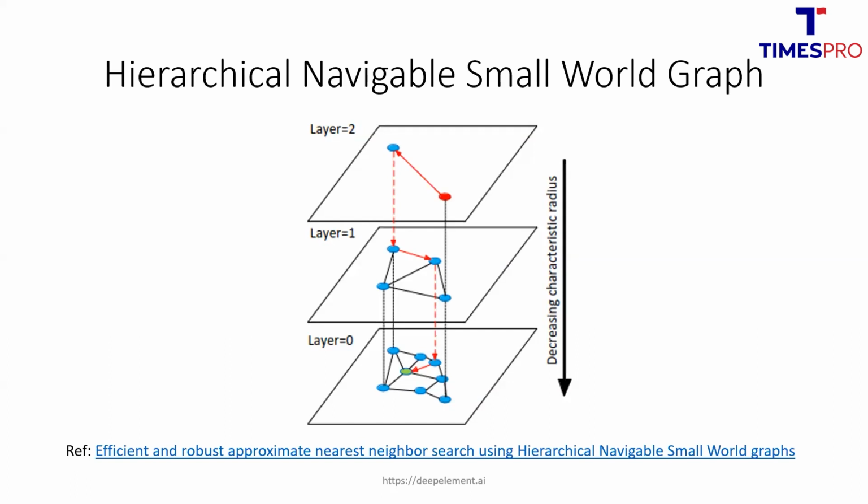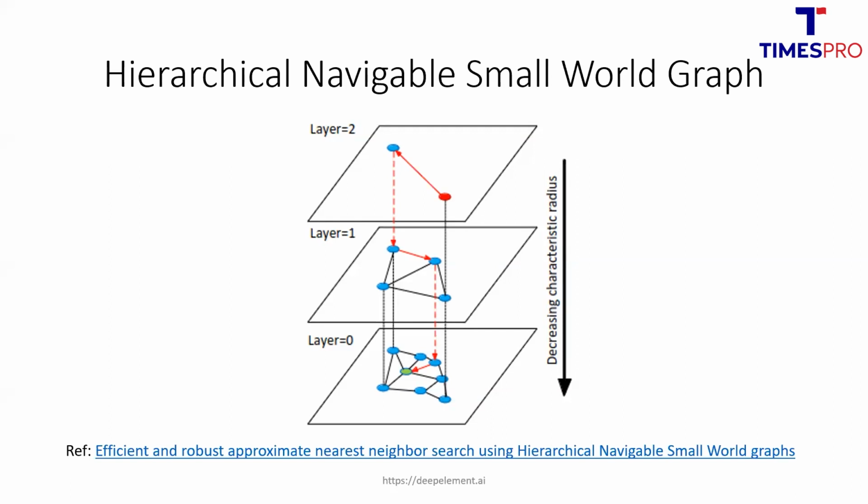So if you have to understand it, this hierarchical graph system, think of it as a multimodal transport system. If you want to travel from New York to some town near Mysore, how would you do that? Initially, you will take long distance flights, right?